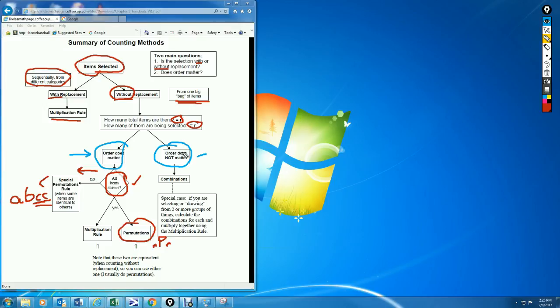Back to the combinations: when the order does not matter, you're just making a group, then you use combinations, in other words, nCr. And then the only special case there is if you are selecting from 2 or more different subgroups.